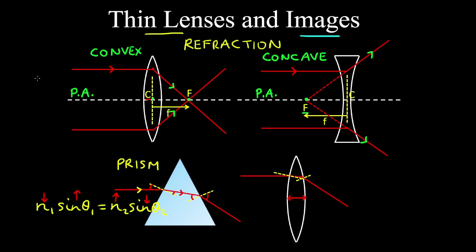Now a real image is formed by a lens when light rays originate from a common point. So for example, if we had an object and we take a light ray from this point along the principal axis, that gets refracted through the focus, and a light ray through the optical center does not get refracted.